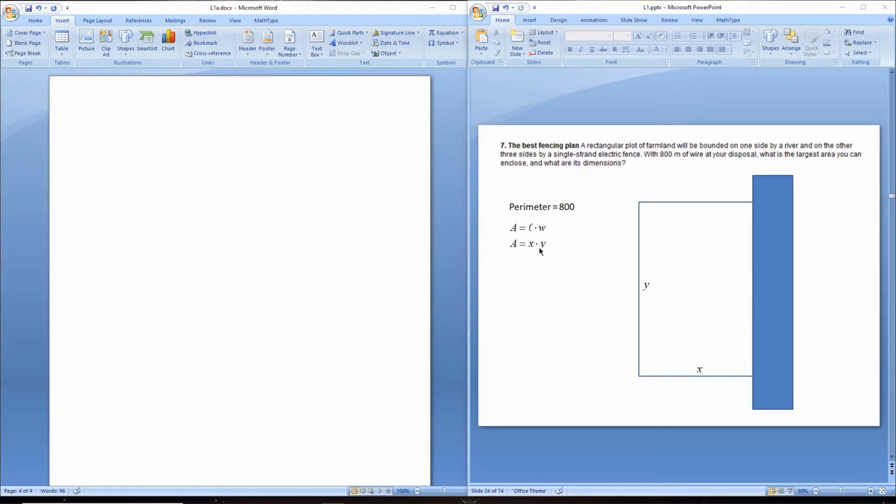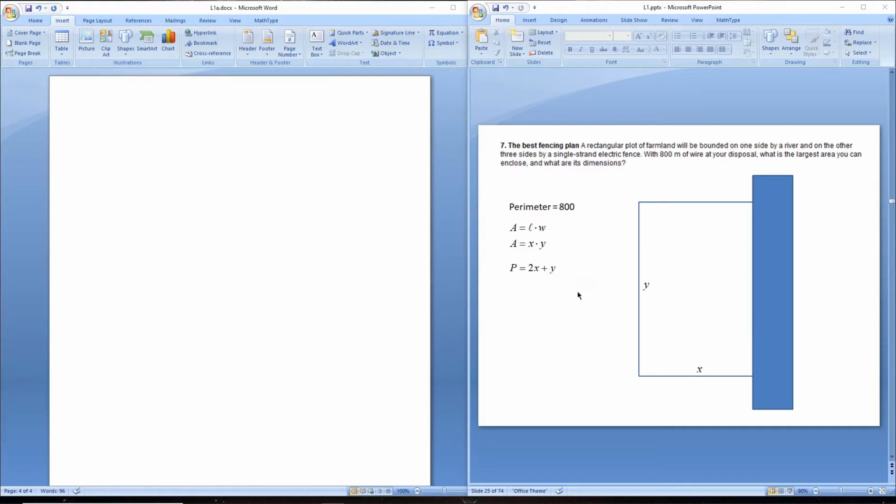Now this area function is what we want to find the largest of, but it's of two variables. And we need to get that to 1. So we need to find a relationship here between x and y so we can get rid of one of these. And that's what the perimeter is for. So we need an equation for the perimeter. If you look at the perimeter, you have an x plus a y plus an x. So the perimeter is 2x plus y.